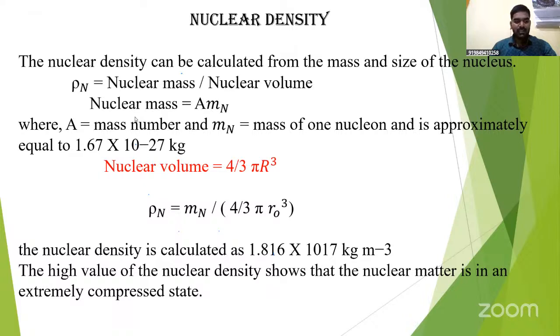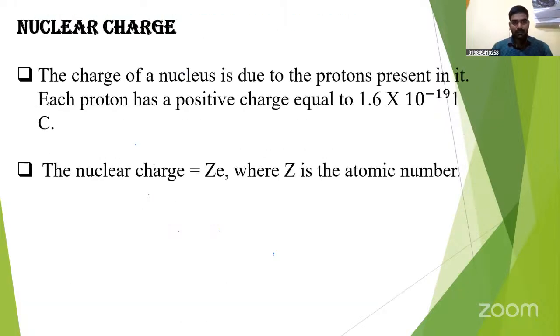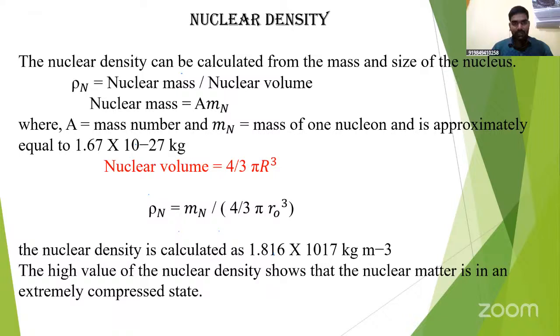Nuclear mass is equal to A into the mass of a nucleon, that is, the nucleus mass is equal to A into mn.